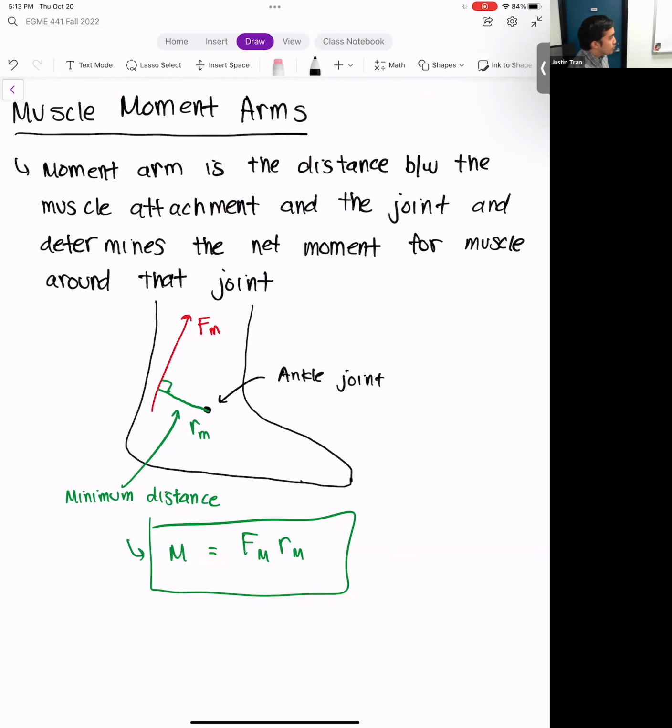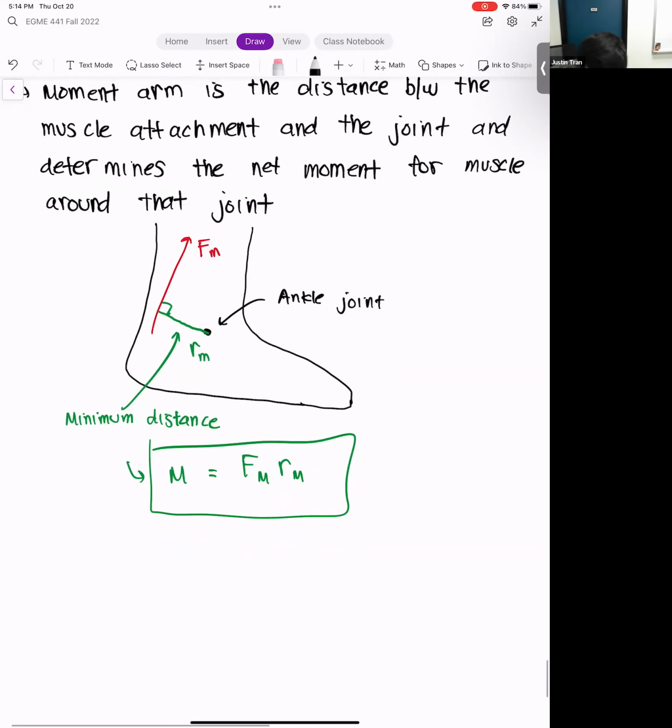And so in 2D, we can do this kind of relatively simple calculation. We just have a scalar product. We multiply two scalars together. As you can imagine, in 3D, it's a lot more complicated. In 3D, the moment that we compute is actually a vector. It's no longer a scalar.